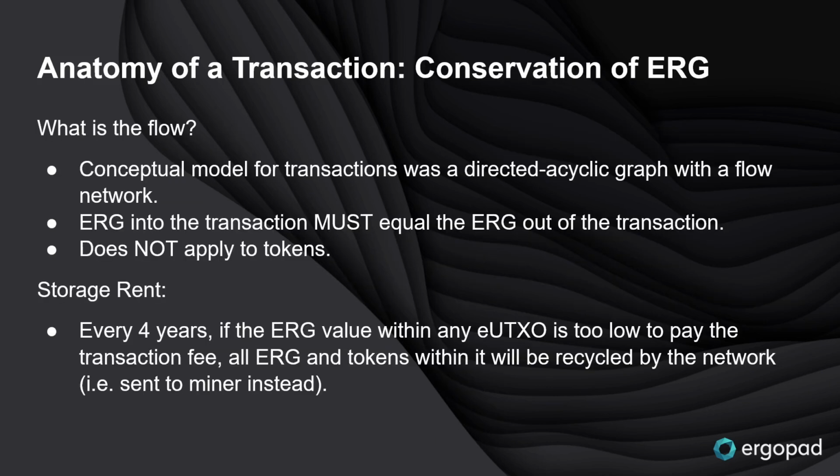So we're going to cover the conservation of Ergo a little more in depth. If you watched the previous video on the UTXO model review, I mentioned that a good conceptual model to have is to think of a graph with nodes and vertices, the nodes being the transactions, the edges being the UTXOs into a node and out of a node, so the inputs and outputs.